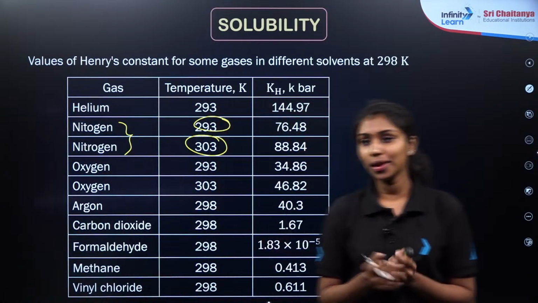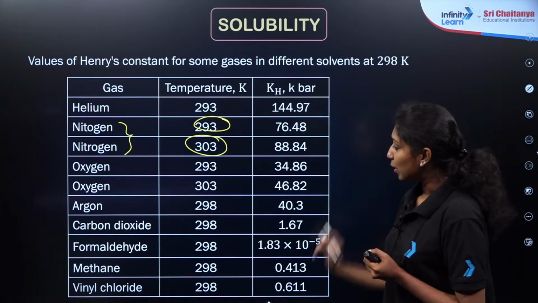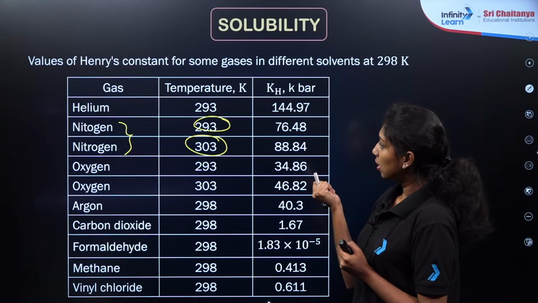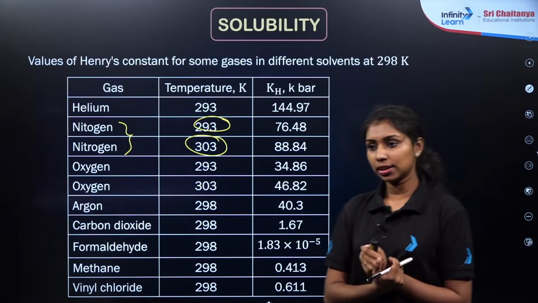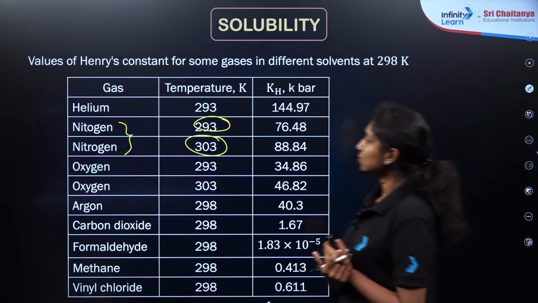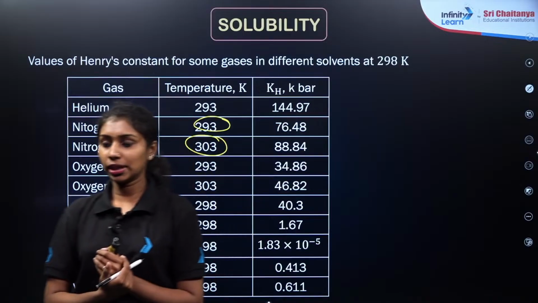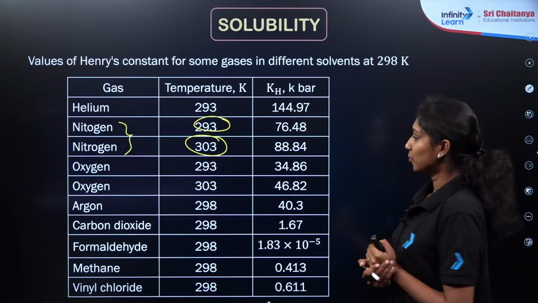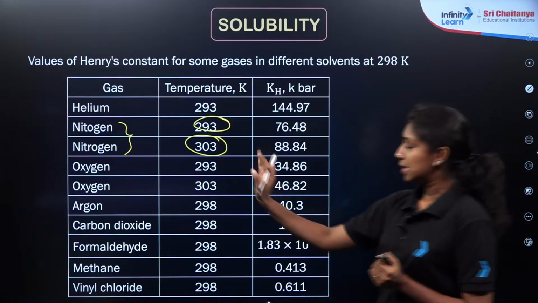Is my question clear? If you are talking about the Henry's constant for different gases, if you are changing the temperature here, Kiran Reddy, what is the answer? Just focus on the nitrogen gas only.